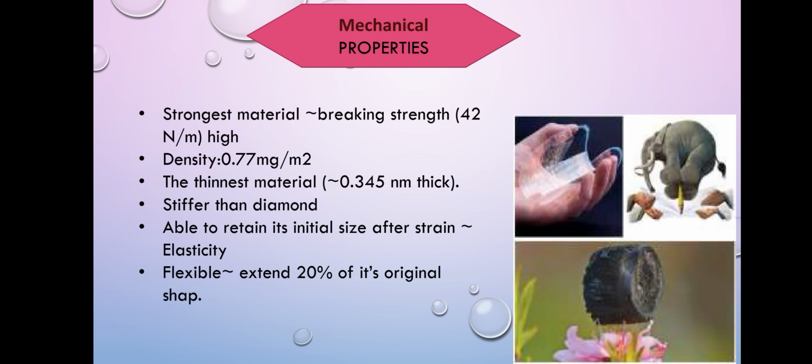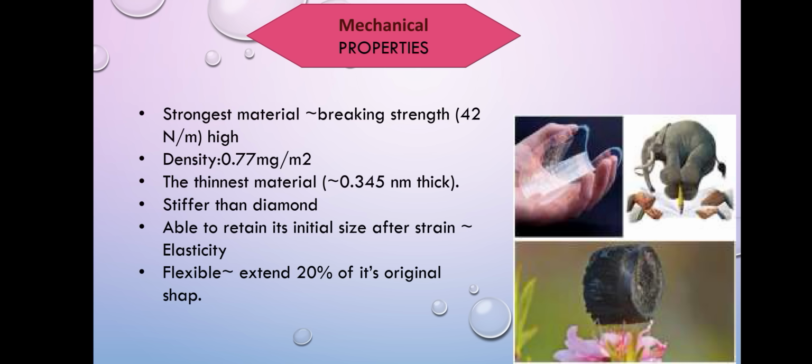Mechanical properties. Here are some mechanical properties of graphene. Strongest material, breaking strength is 42 Newton per meter. Density is 0.77 mg per meter square. The thinnest material, thickness is 0.3 nanometer.